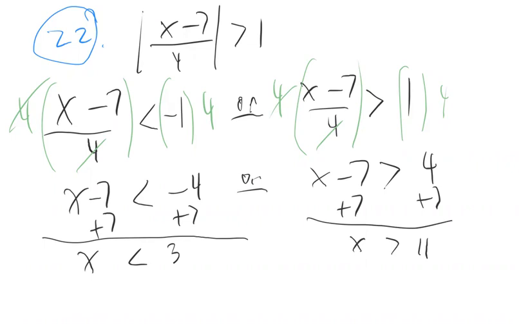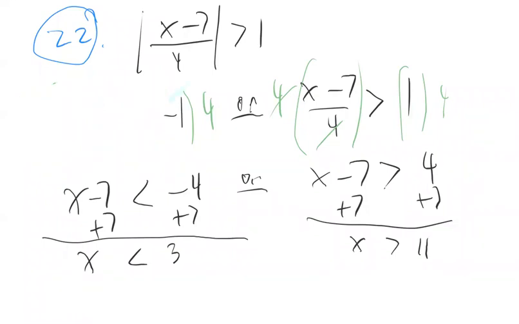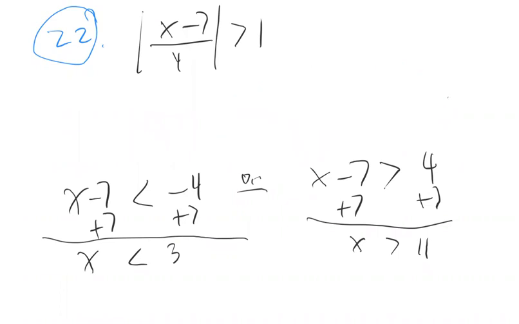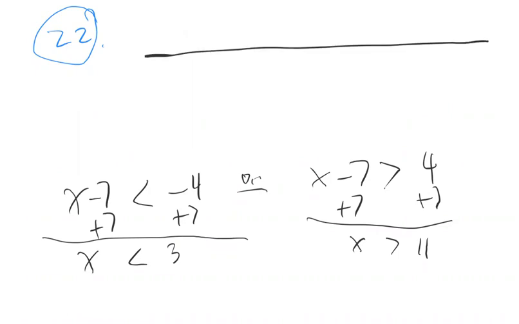So on a number line, let me actually erase the top part of it so you can see the number line better instead of cramming it into the bottom. So the number line actually has 2 sides. So one side of it is 3, and everything below 3 is shaded.